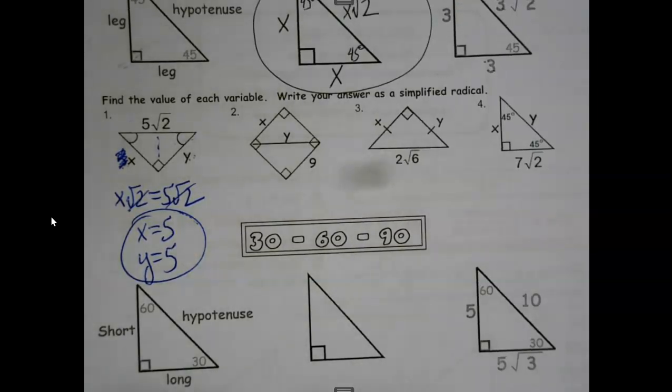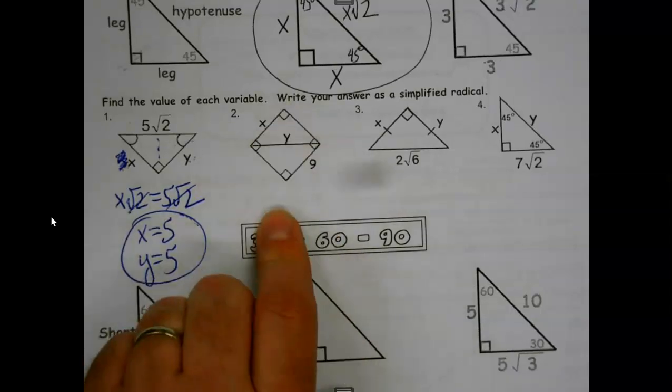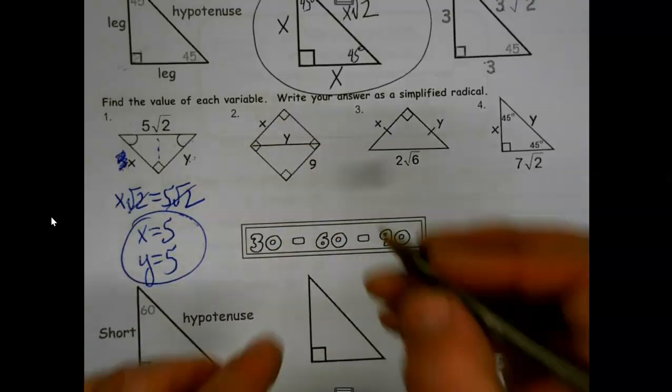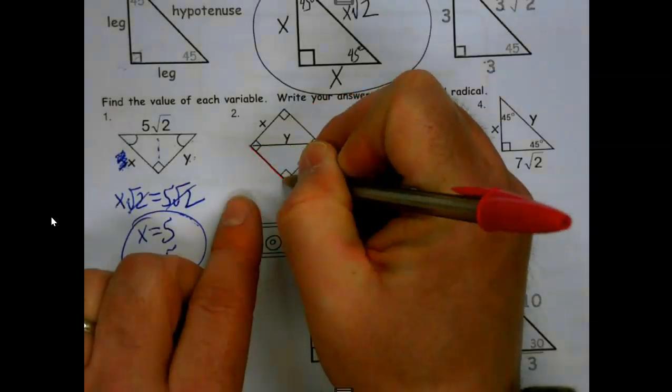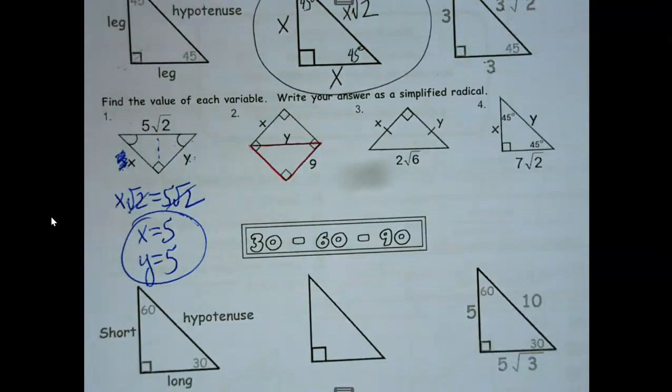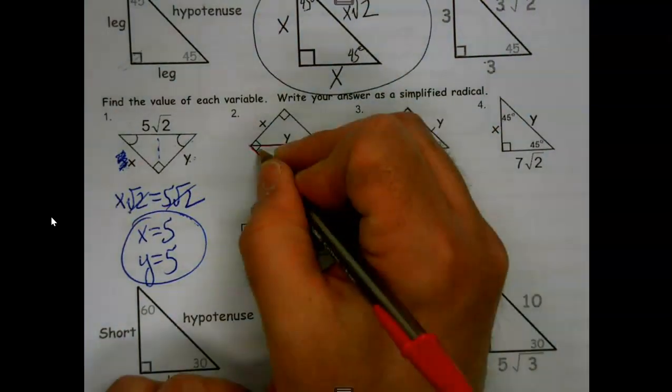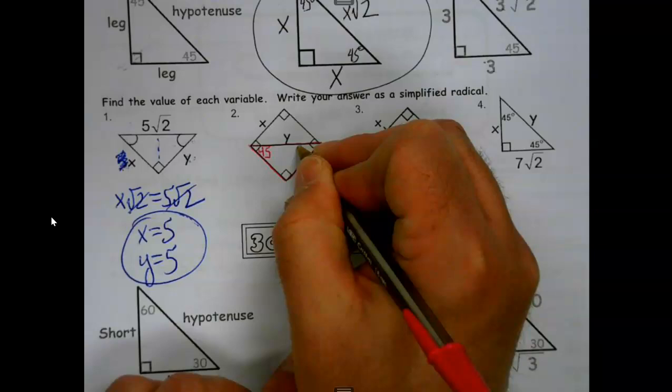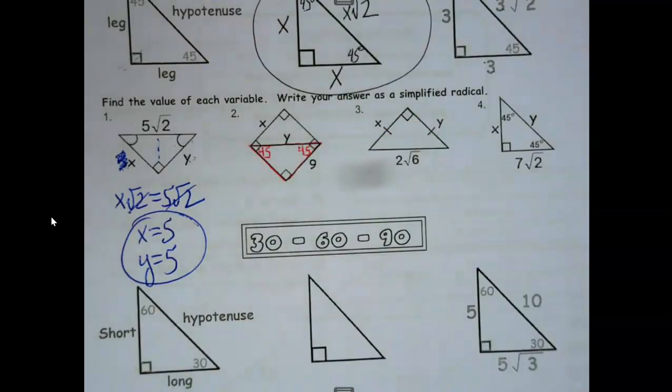Ooh, square. Okay. We can look at these separately. I'm going to focus in on this one where I've got the 9 already. And if you want to, you could put 45s in for those other angles. Again, it depends on how much information you need to feel comfortable.